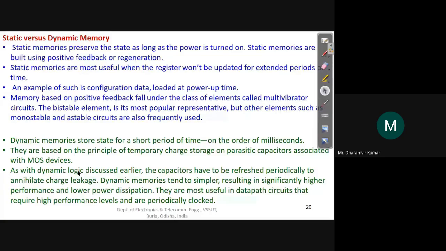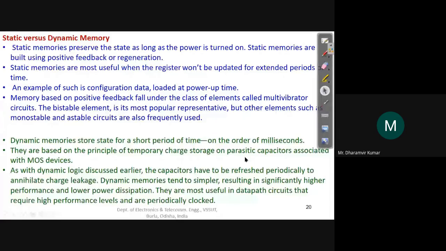Then we had revised some topics that we are already aware of, that is, what are static and dynamic memory. And the main difference is that static memory preserves the information as long as power is on. Dynamic memories depend on the charge storage on those parasitic capacitances.